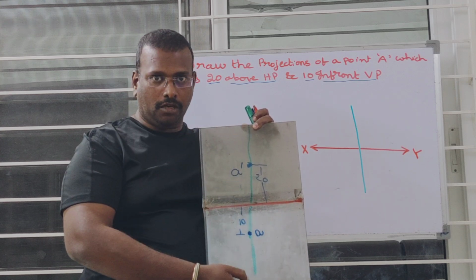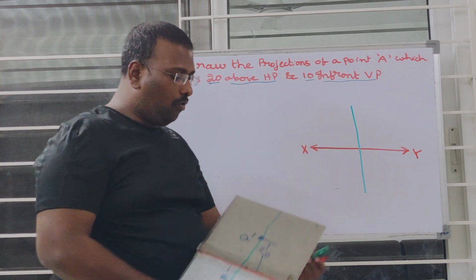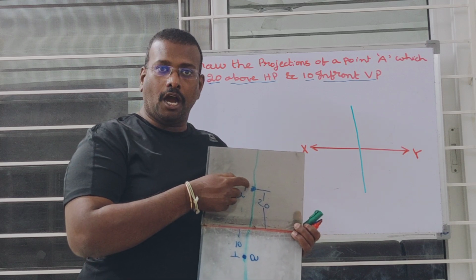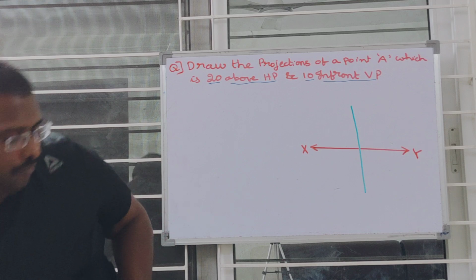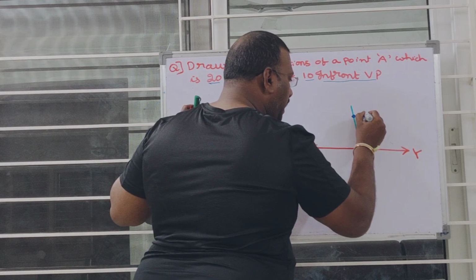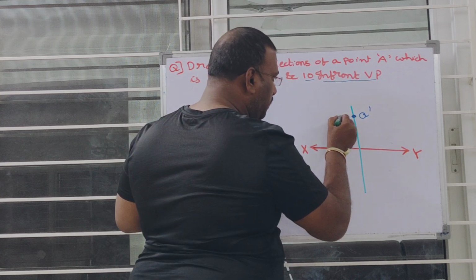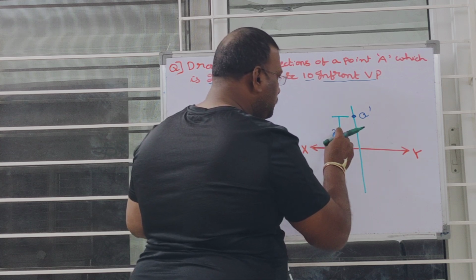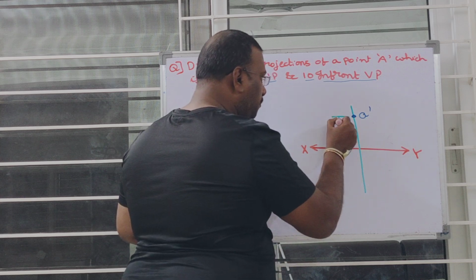This is the projector. The projector is always perpendicular to the XY line. Now the front view is going to be 20 above the XY line. 20 above it we are going to get the front view. Therefore, we make this particular point A dash. And we have to give this information that from here to here, this length is going to be 20. And we have to give the arrowheads at both places.